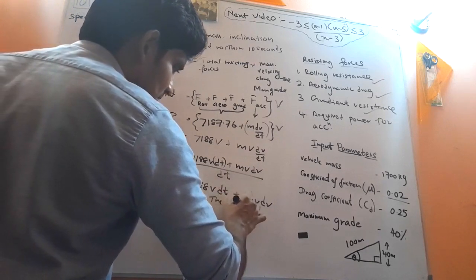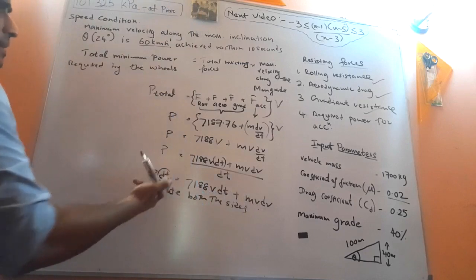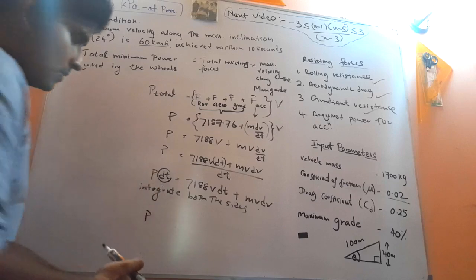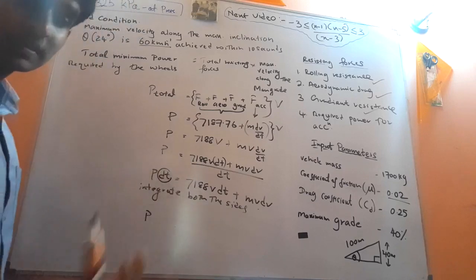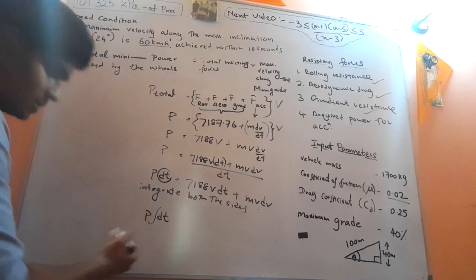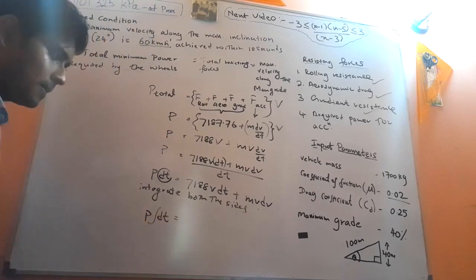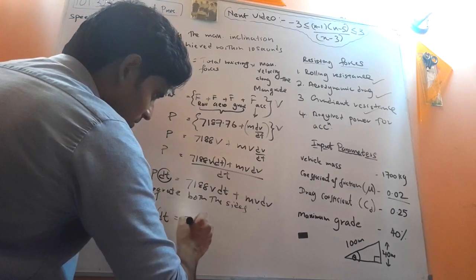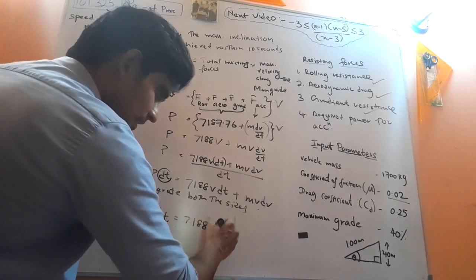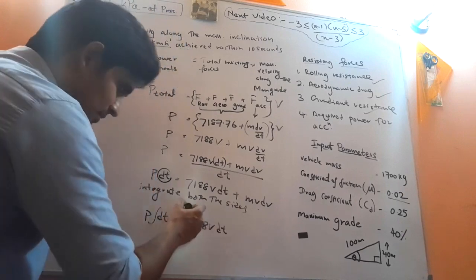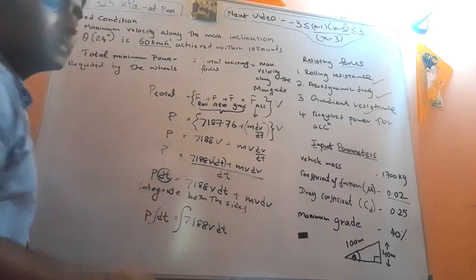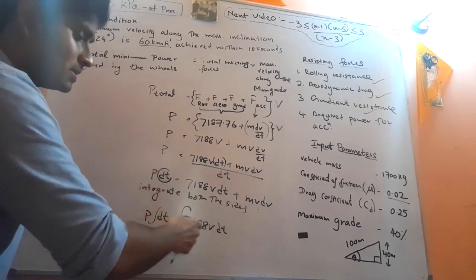Here we have P dt, and the only possible way to integrate this side is with respect to time. This is the integral symbol, equals 7188 V and dt is also there. So it doesn't matter, let's include the integral symbol. But we know that the only possible way to integrate this is with respect to time.